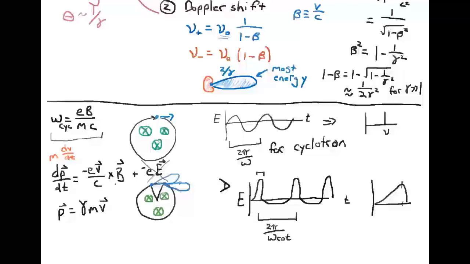But including relativistic effects, this is actually gamma m dv over dt. So really the only flaw in our previous cyclotron derivation was that instead of using m, we should have used gamma times m, which means that the expression for our rotational angular frequency should just be the cyclotron frequency over gamma. So now we know how long we have to wait between blips here.